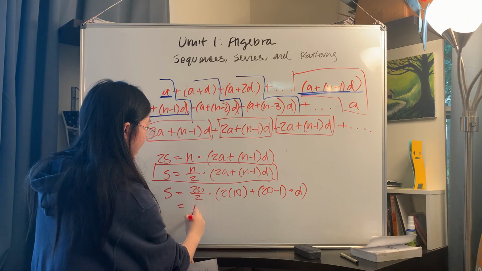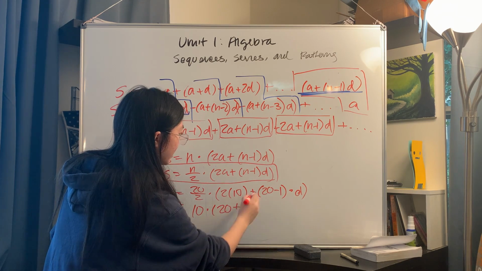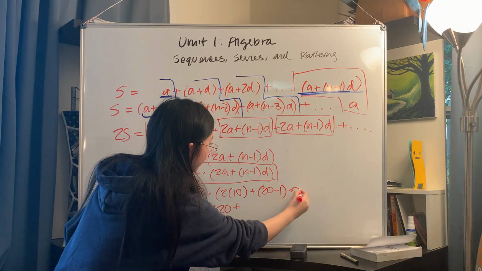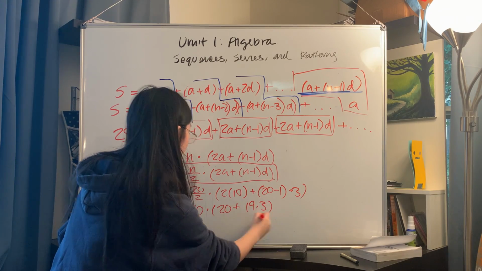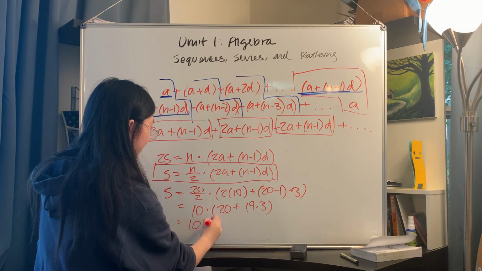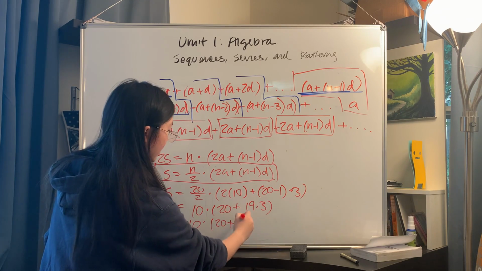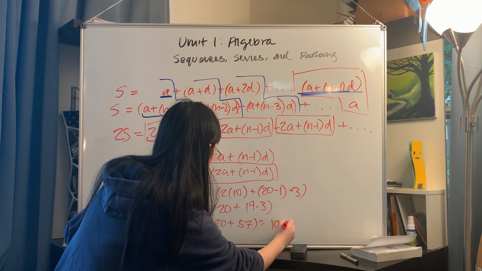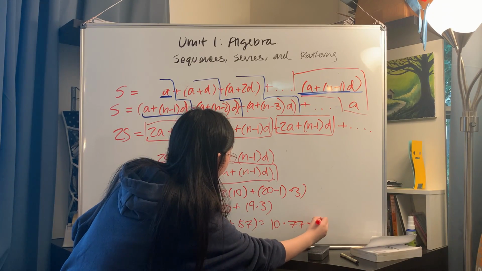Well, that's equal to 10 times (2 times 10 is 20, plus, substitute d for 3, 19 times 3). And that's equal to 10 times (20 plus 57), equal to 10 times 77, or 770.